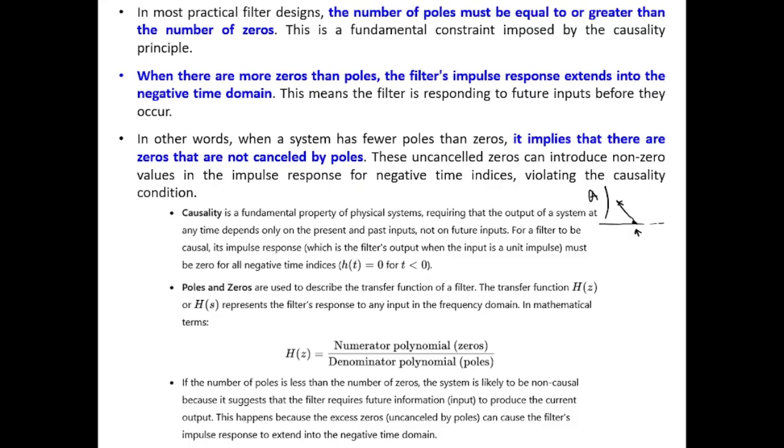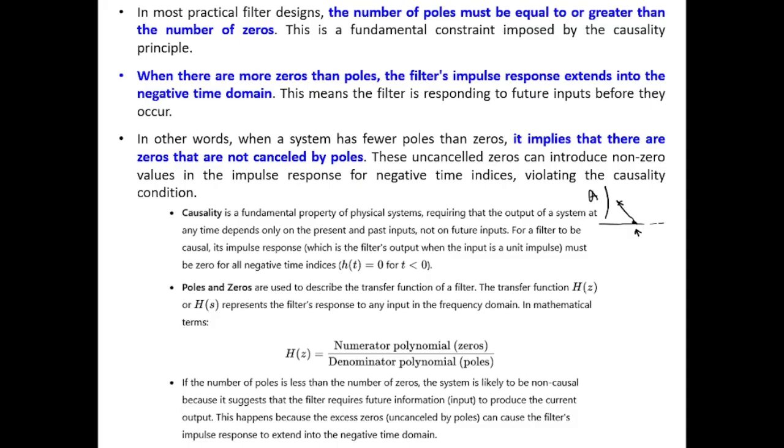So what happens if I place a pole over a zero, or a zero over a pole? Suppose we have a zero, that means it is suppressing the output. If I place a pole over that, it is bringing the value to 1. That means no gain. That means the pole is cancelling the effect of the zero. On the other hand, if I have a pole, your amplitude will be very high, and if I place a zero over it, they will cancel each other and I will get an amplitude of 1.